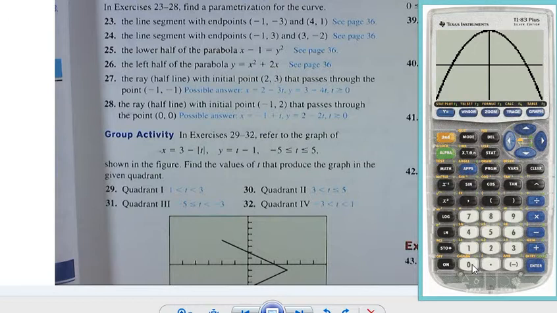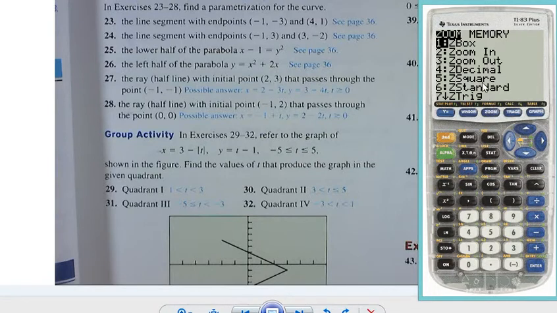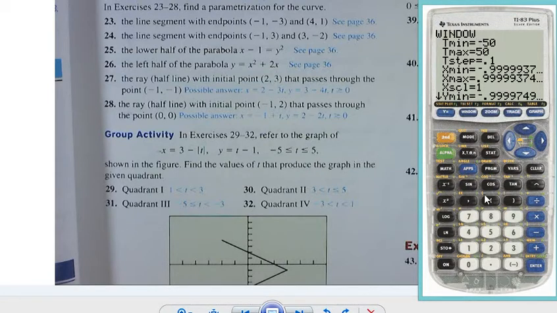It looks like a parabola, but it looks like it has some sort of boundary, right? So if I zoom out just a little bit, let's set the window: my X-min I'm going to set to -4, my X-max to +4, my Y-min to -4, and my Y-max to +4.